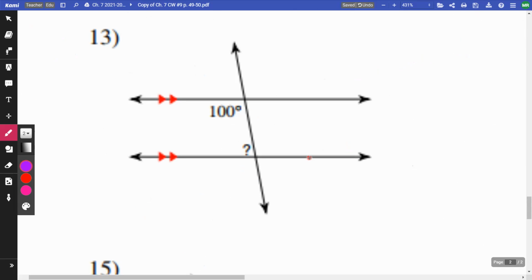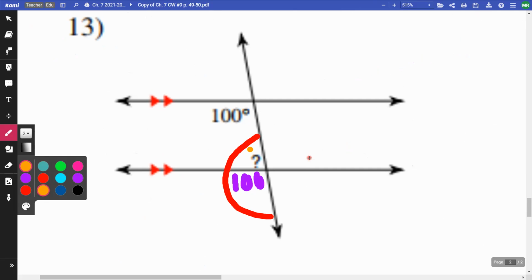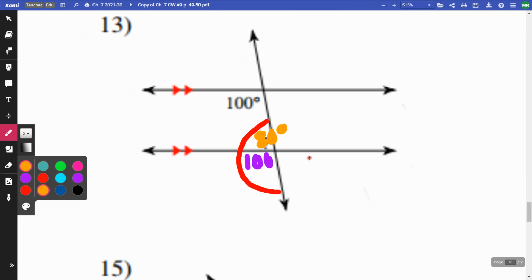13. Now, if that's 100, this has to be 100. And if that's 100 together, these need to add to 180. So this is going to have to be 80 degrees. Okay.